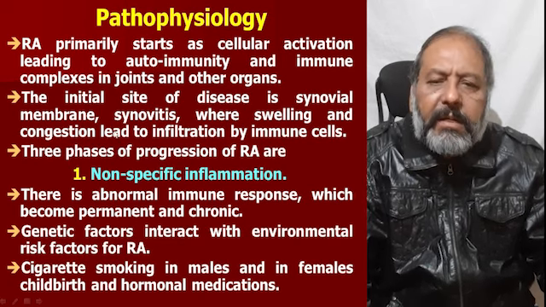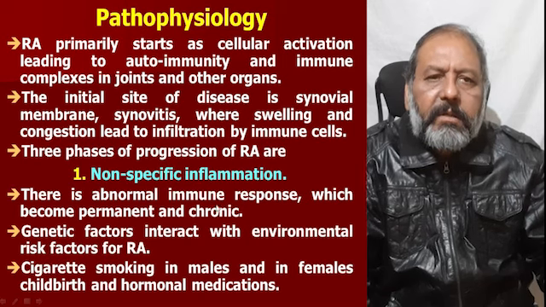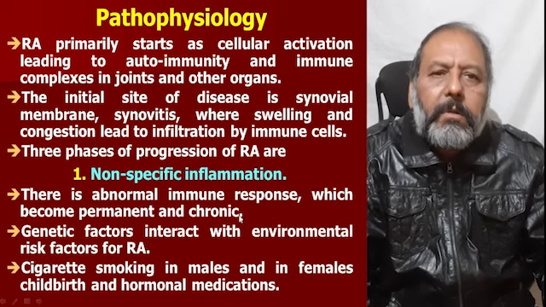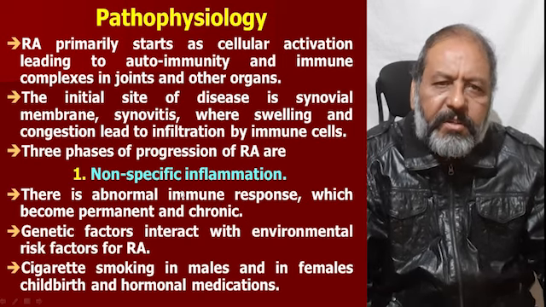There are three phases of progression of rheumatoid arthritis. Number one is non-specific inflammation. There is an abnormal immune response which becomes permanent and chronic. Genetic factors interact with environmental risk factors for rheumatoid arthritis.